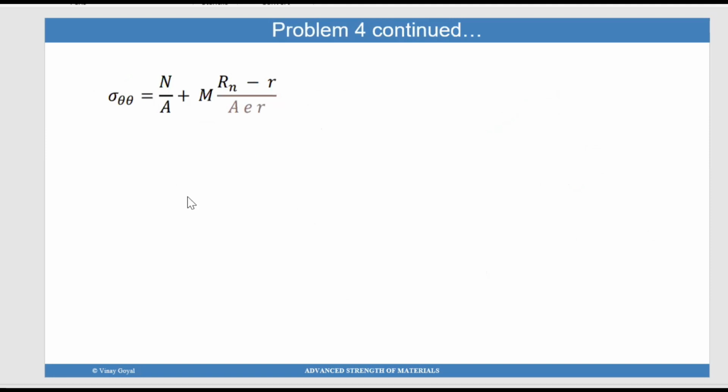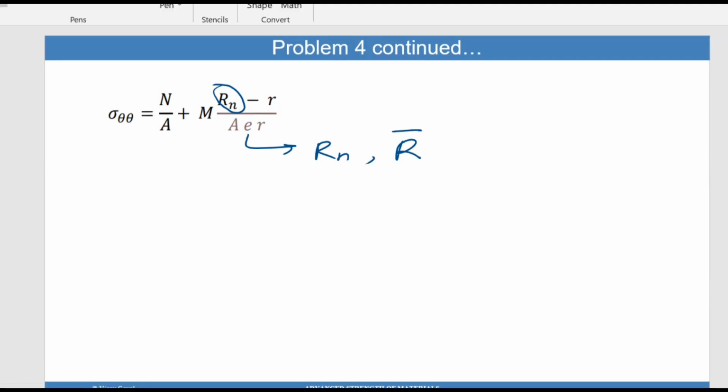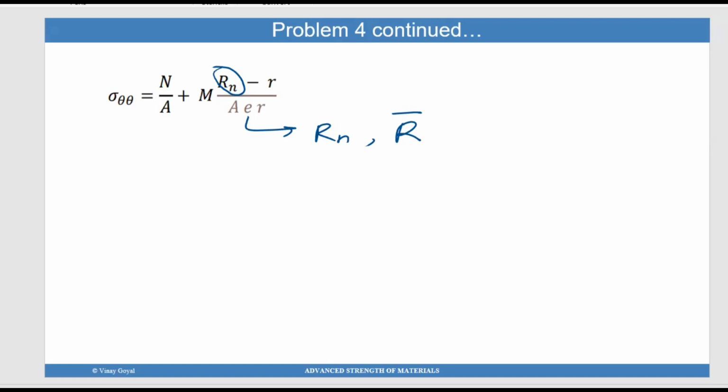So for this, you need to know what the neutral axis Rn is. I don't know what the centroidal axis is called. Is it R bar? Let's see what the centroidal axis is. Oh, it's just called capital R. Okay, awesome.